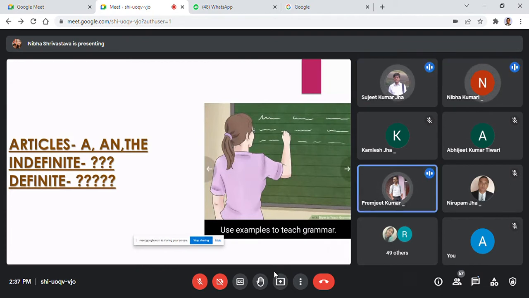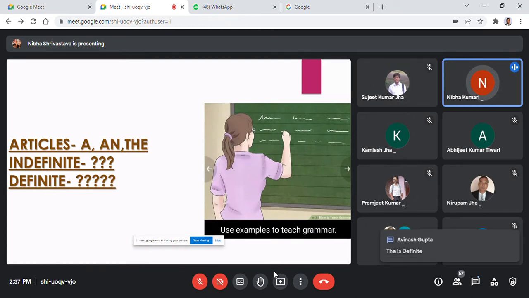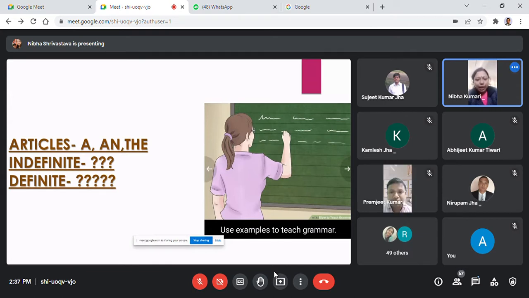Yes, the is definite because we use the for specific things, whereas a and an can be used for anything. So a and an come under the category of indefinite, and the comes under the category of definite.